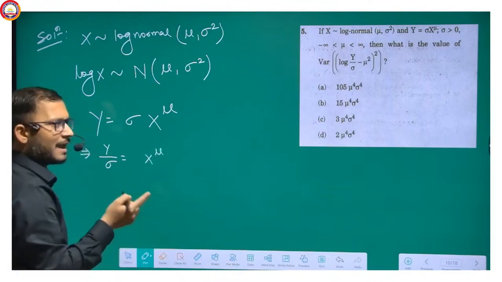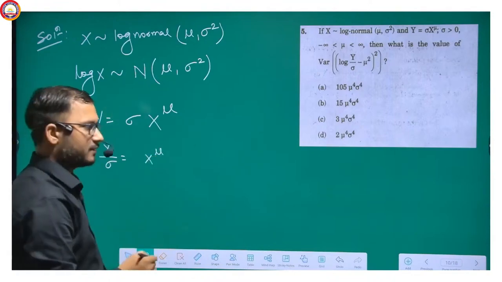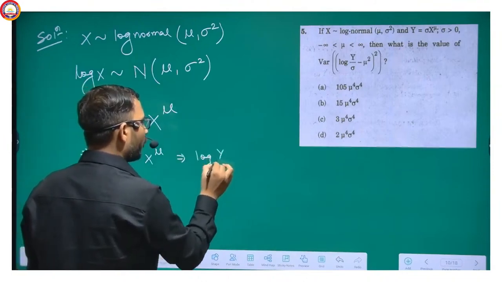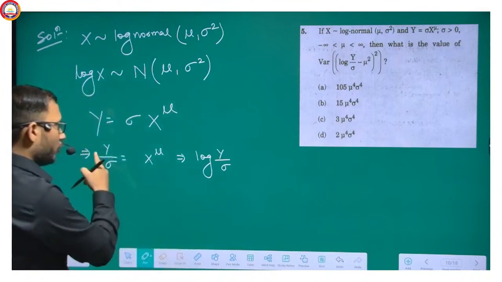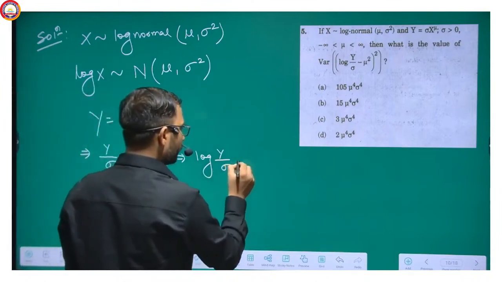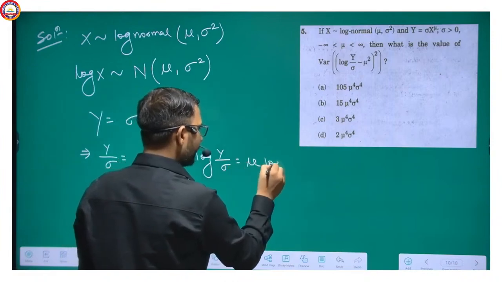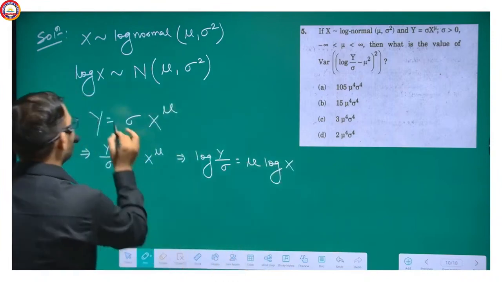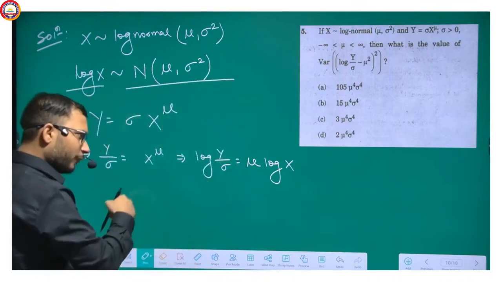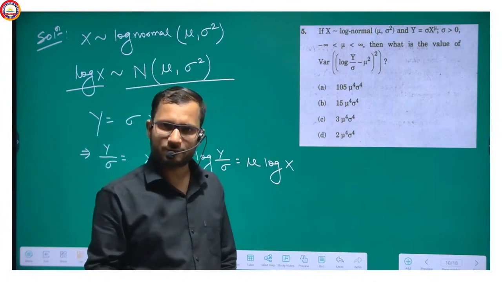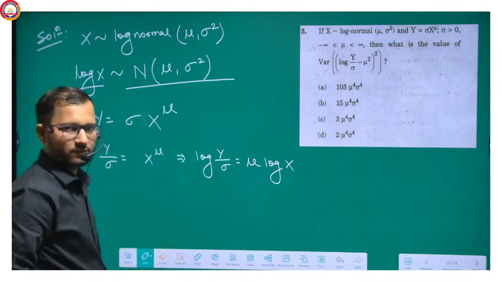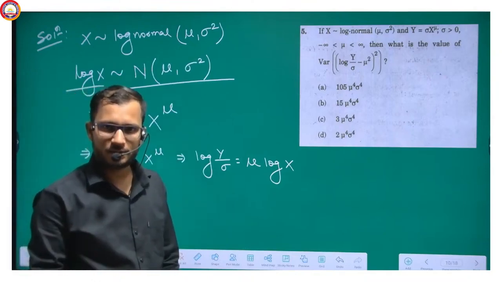If we apply the logarithm on both sides, we get log of Y upon sigma equal to mu log X. But as we know, log X is following normal mu sigma square, and if X follows normal mu sigma square, then aX will follow normal with a mu and a square sigma square, isn't it?